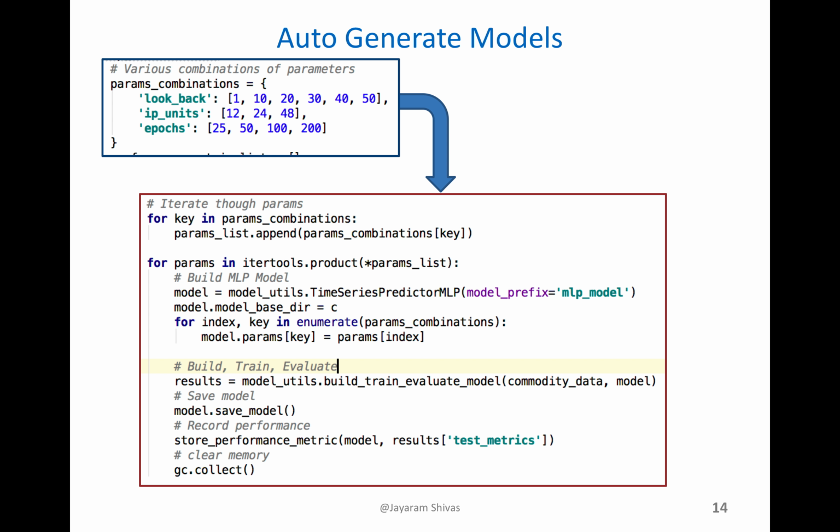For example, in this slide, I have the input units, which are 12, 24, and 48, and that's the number of nodes in the input dense layer that can vary across the models being generated. So it's a little bit more than just hyperparameter tuning, because you're building the models on the fly as you're training to find the best models.